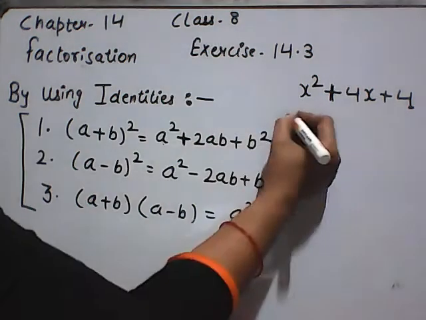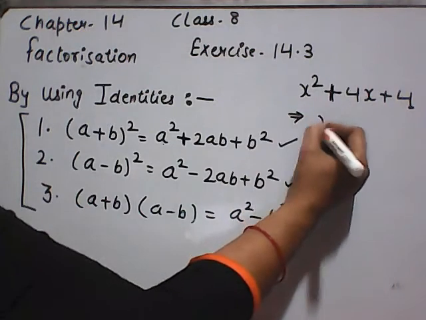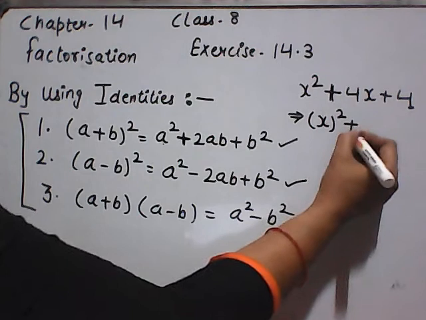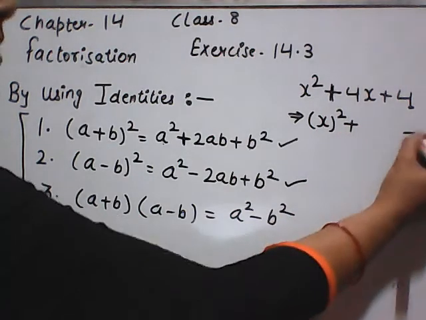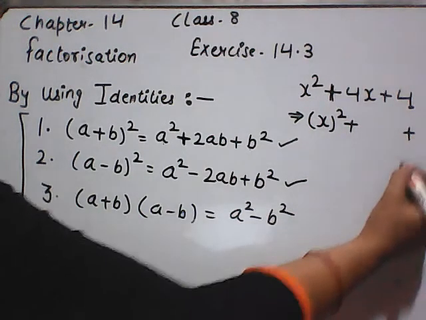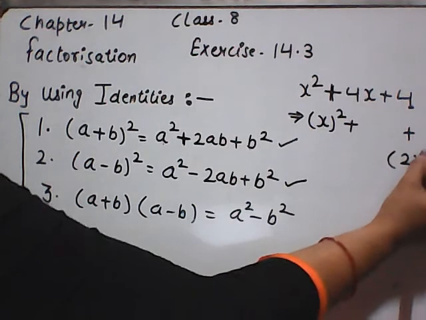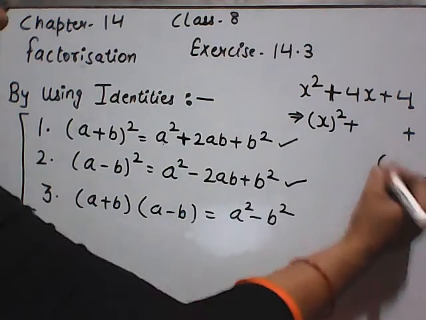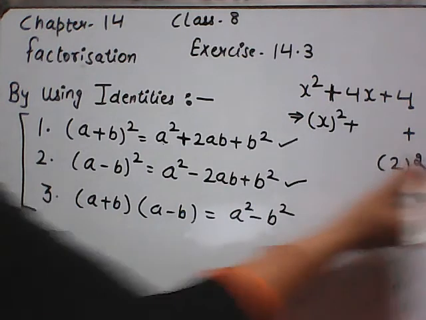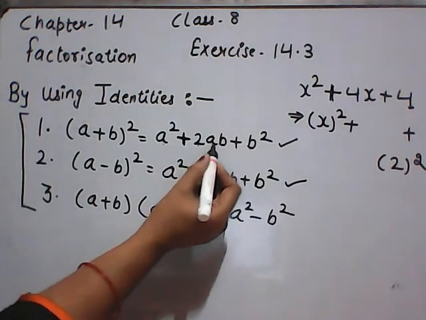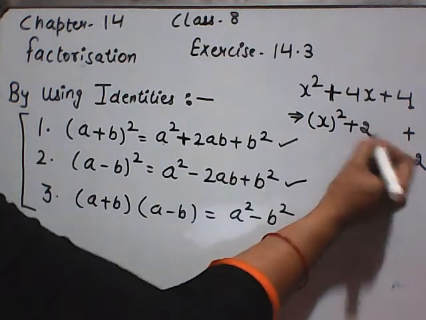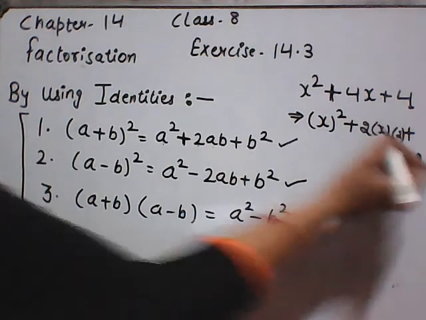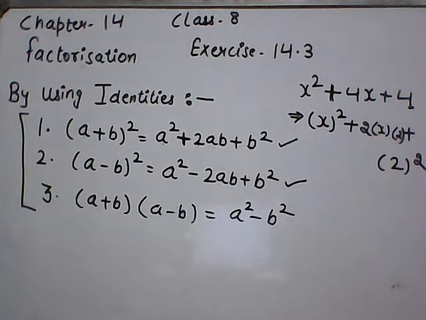So, we can write it in this way. x square can be written as x whole square plus 4 can be written as 2 whole square. Now, the middle term is 2ab. Here a is x, b is 2. So, 2 into x into 2 is 4x.